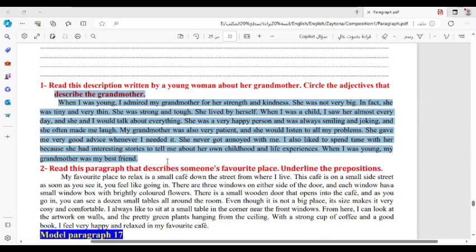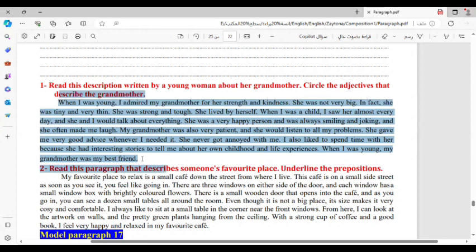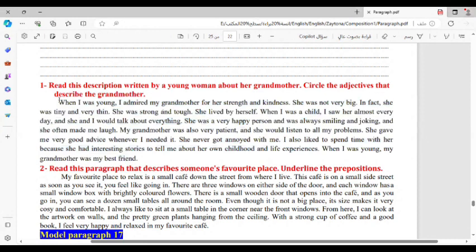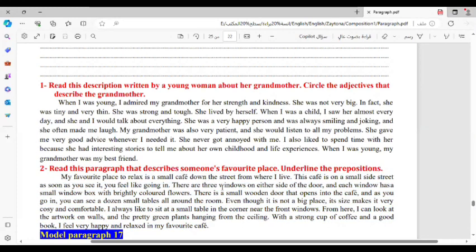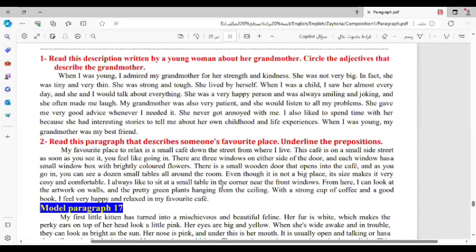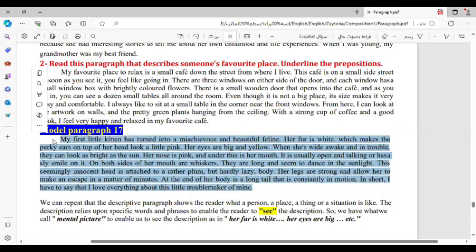In the first paragraph, this is a descriptive paragraph which describes a person. Here the writer is describing his grandmother. In paragraph number 2, the author describes a favorite place. And in model paragraph 17, he is describing his little kitten.